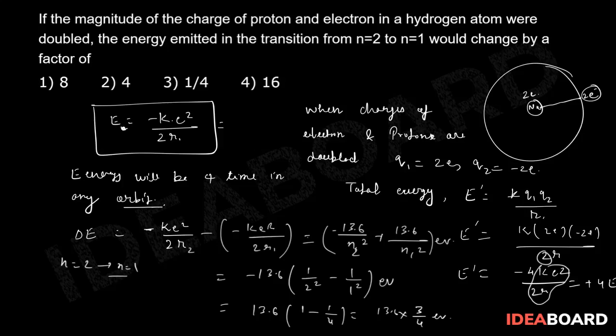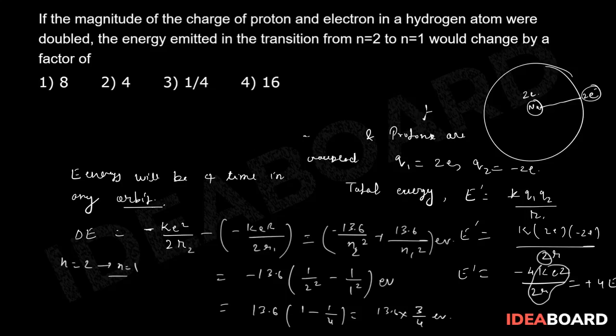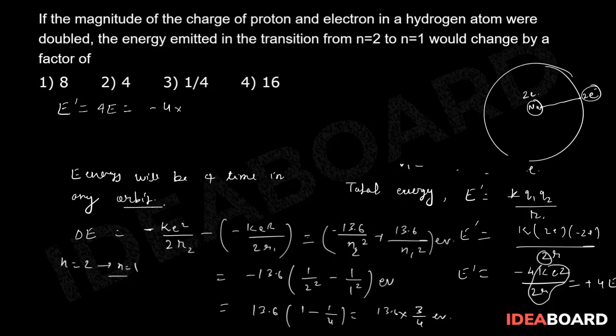Now for the doubled charges, as we know that energy is going to be 4 times, so basically E dash is equal to 4E, which is 4 into 13.6 upon n square, correct? So from there I can write delta E dash is equal to E2 dash minus E1 dash, and if you substitute the values, you get 4 into 13.6 divided by 1 square minus 4 into 13.6 divided by 4, correct?